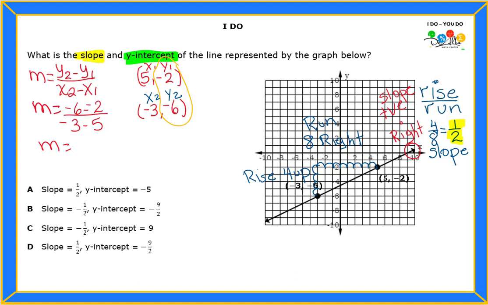So what do I get? This will give me a -4 over -8. And if you simplify, that's the same as a negative divided by a negative. It's a positive. I can write it as 4 over 8. And right now, I want you to look at this 4 over 8 and the one that I got when I did rise over run.